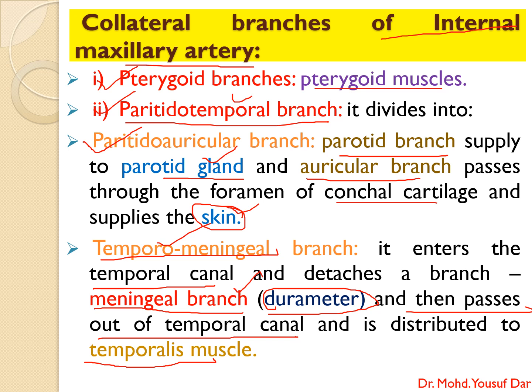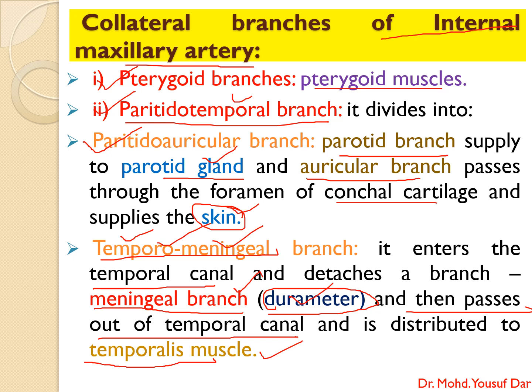So the temporomeningeal branch supplies the temporalis muscle and the dura mater. That means the meningeal branch which arises within the temporal canal supplies the dura mater, and then this branch comes out of the temporal canal and finally supplies the temporalis muscle.